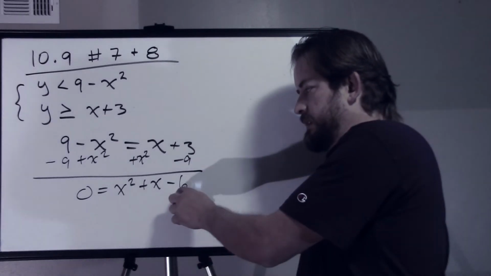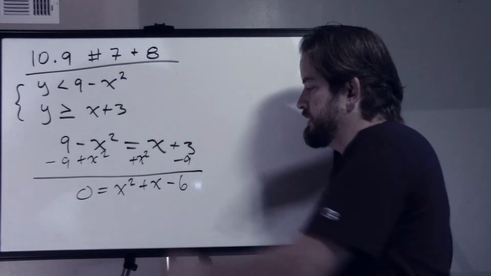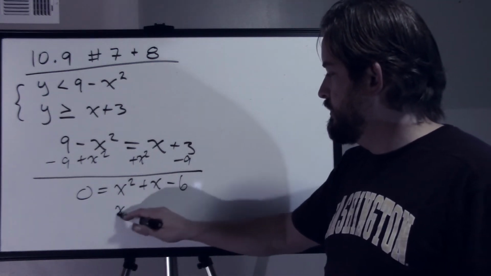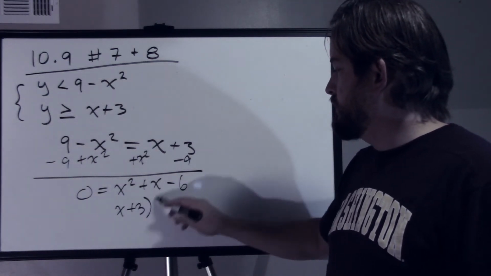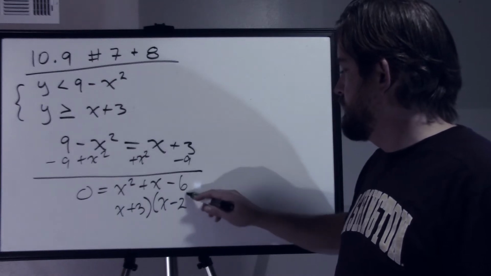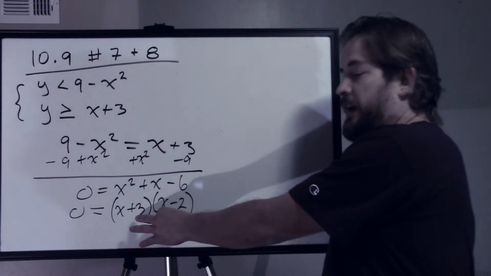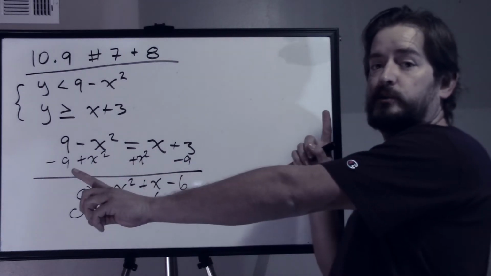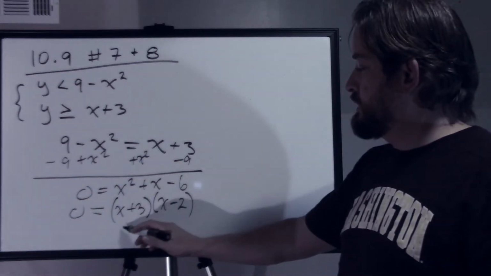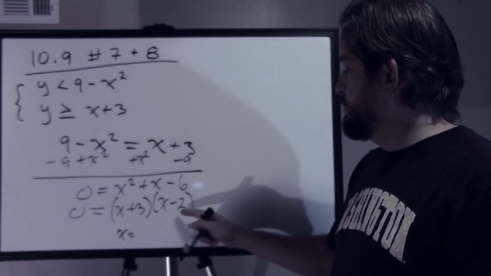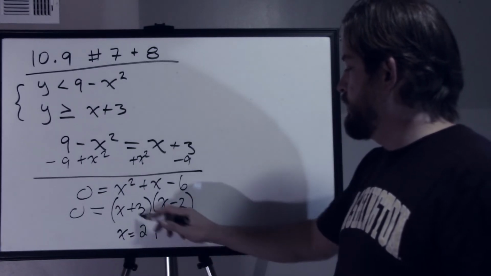But you can see this factors to x plus 3 and x minus 2. Right. Which gives us 2 values, which makes sense because there were 2 spots where our x values were the same. So this tells us that x is going to be equal to either a 2 or a -3.